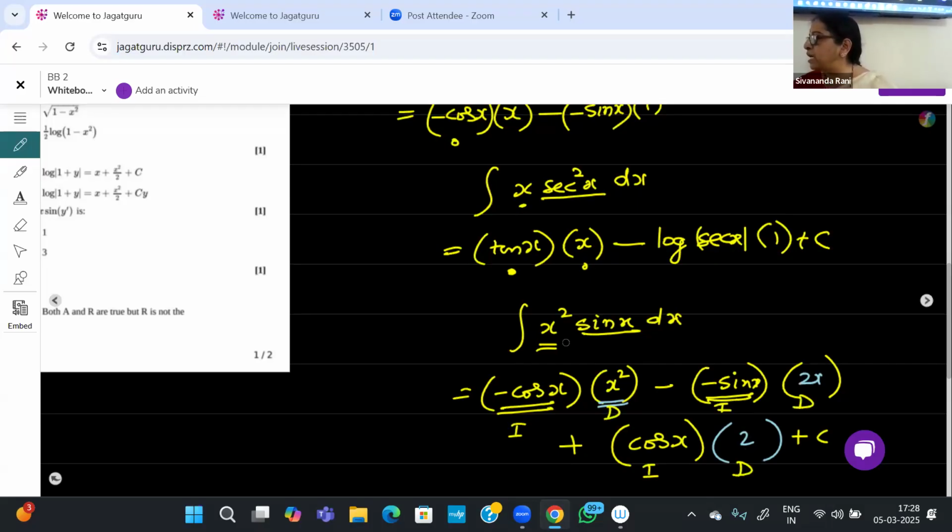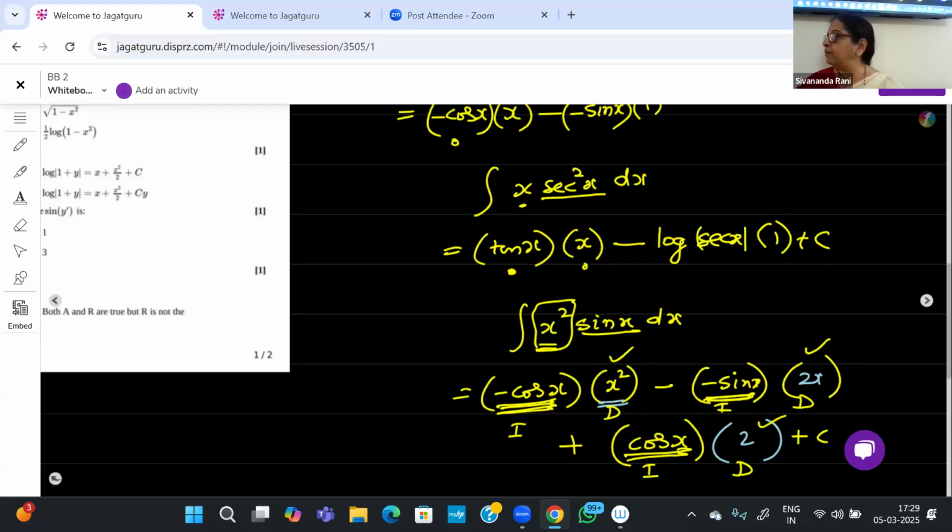What needs to be differentiated is based on something that vanishes after a certain amount of differentiation. Invariably, it's the algebraic function. The other function is taken for integration. So integral of the one which gets easily integrated, after the subsequent integrals, and then this function which is subject to differentiation gets differentiated as many times as you can.